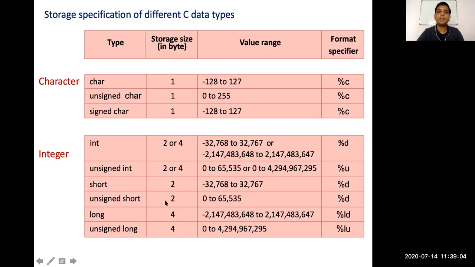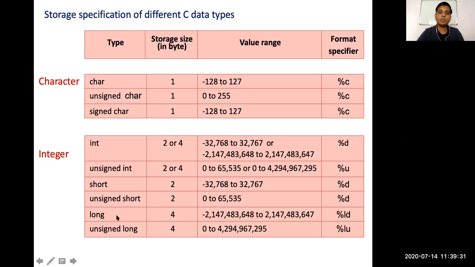So in unsigned, the whole 2 bytes are used, but in signed, by default it is signed short. In signed short, out of the 2 bytes, that is 16 bits, 1 bit is reserved for storing positive or negative, and the remaining 15 bits are used to store your data.